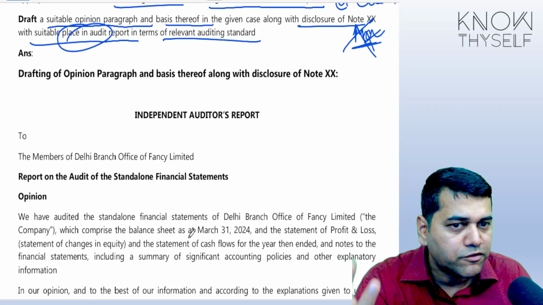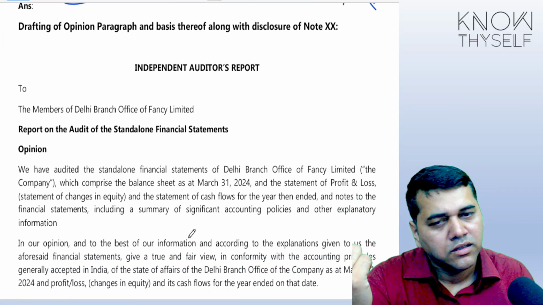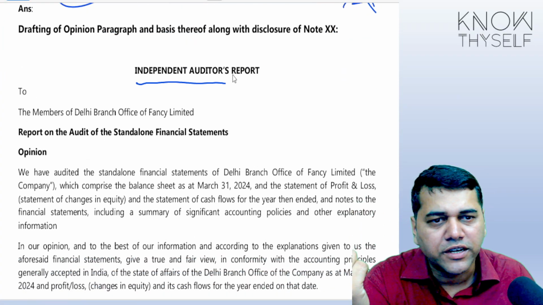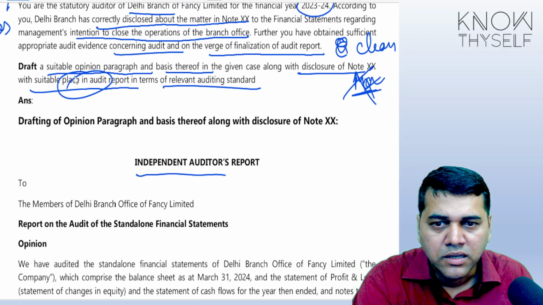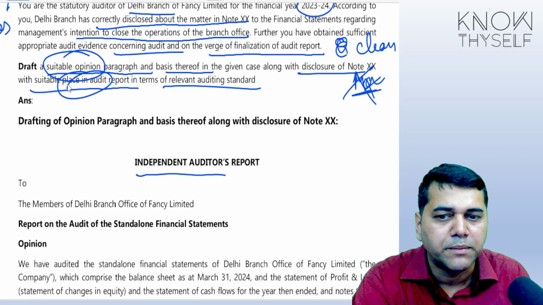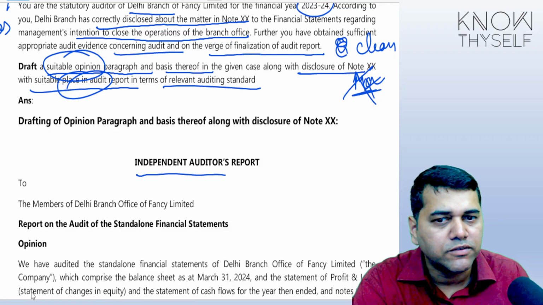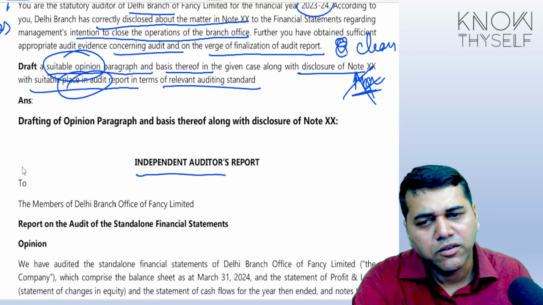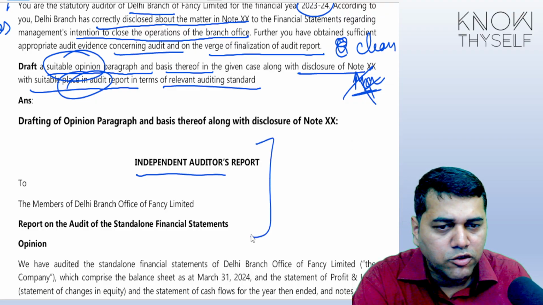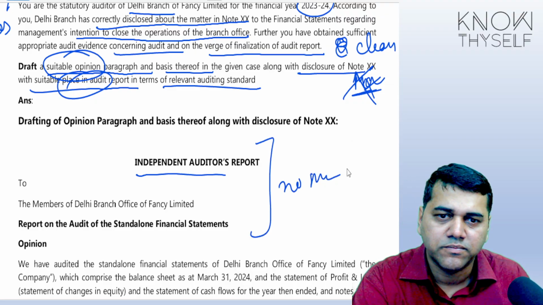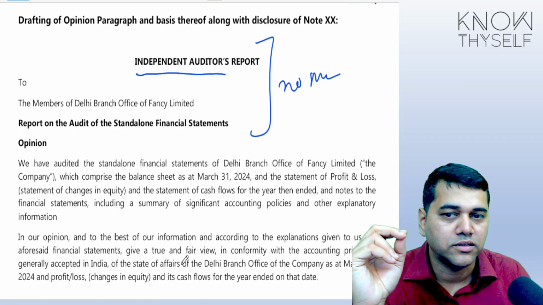You have to draft an opinion paragraph here. You can write about the independent auditor's report and all, it is your wish, because they said suitable opinion para. So you can straight away start with the opinion paragraph only. Anyhow, if you have written it, fine, but I don't think there will be any marks. But it looks very good actually.